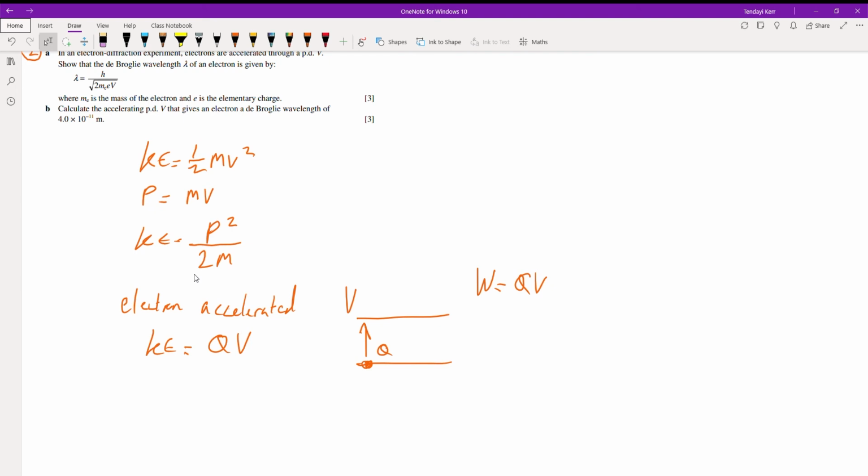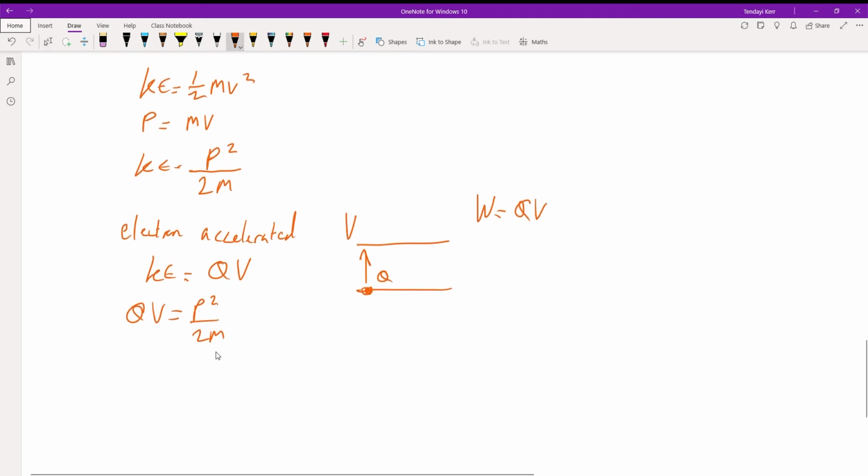So we can put that into here. QV is equal to p squared over 2m. We want an expression for momentum, so p on its own is equal to the square root of 2mQV. We multiply throughout by 2m and then do the square root to find p on its own.